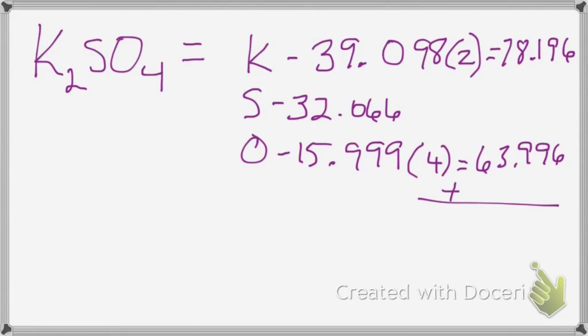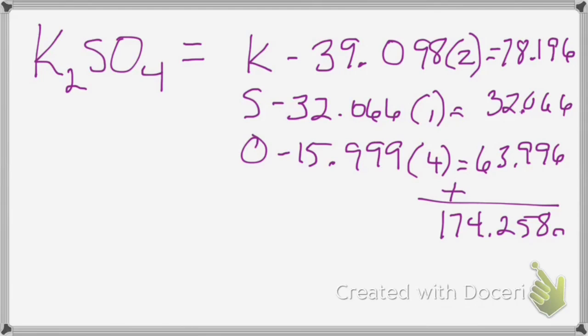We need to add 78.196 plus 32.066. I like to line them up. Look, they're lined up. Oh, that's nice. Plus 63.996 gives us 174.258 grams for our K2SO4. That seemed like a lot, but that was still really easy.